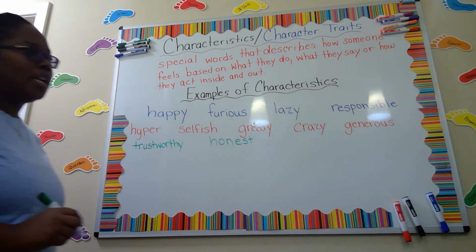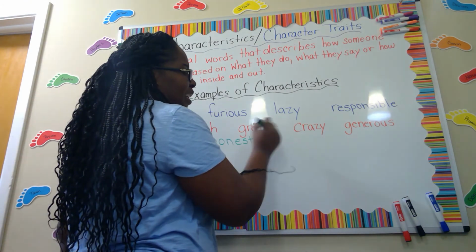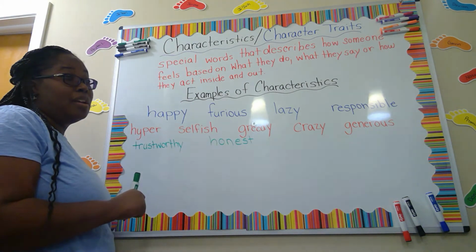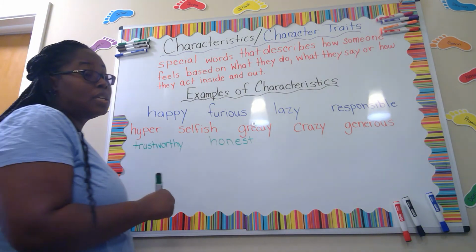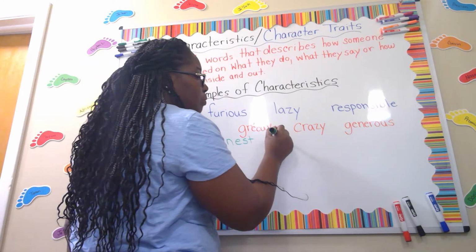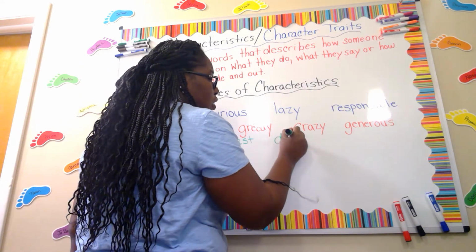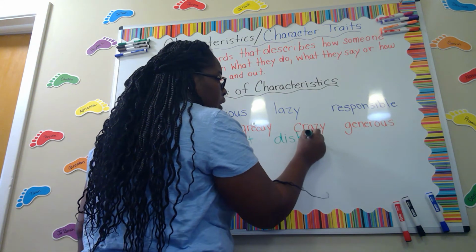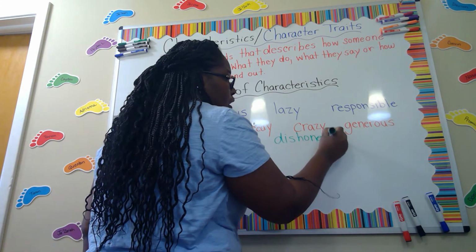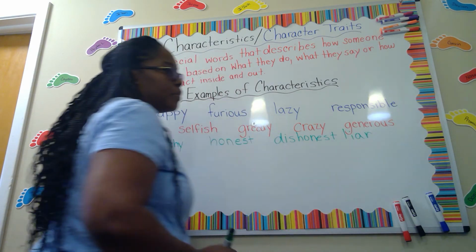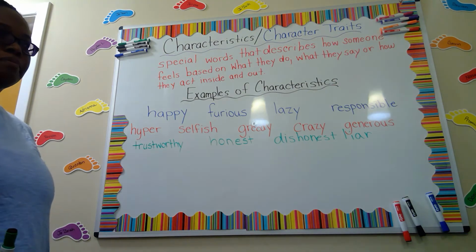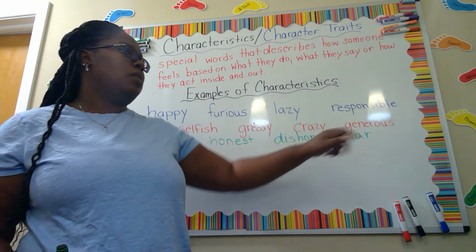Another word we could probably put with this, someone who, if they're not honest, they don't always tell the truth, so they're being dishonest. Some may even be harsh and say liar. Okay. Which I hope we don't have any of those at all.